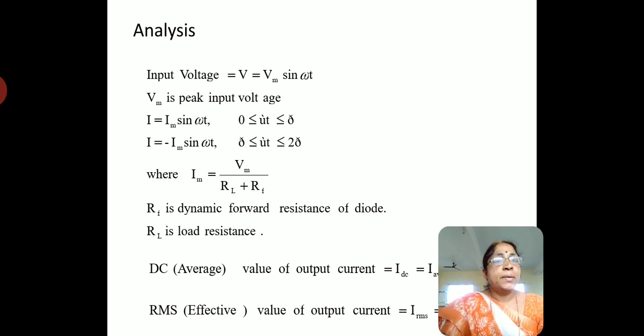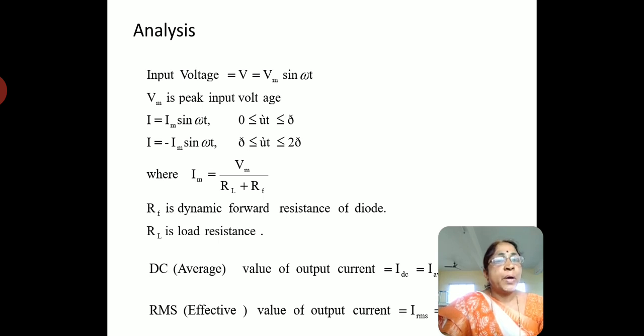As we have seen in the mathematical analysis, the input voltage of the AC wave is V equals Vm sin omega t, where Vm is the maximum voltage, that is the peak input voltage. With respect to V, the current flowing through the circuit from 0 to pi is I equals Im sin omega t.